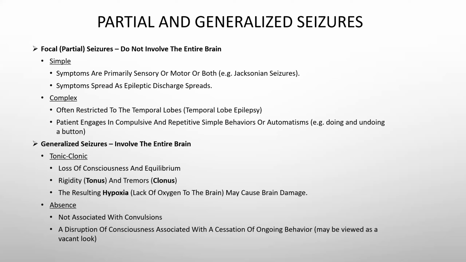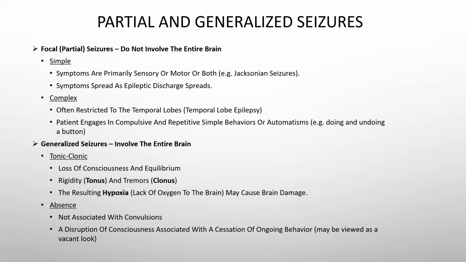For simple, we're looking at symptoms that are primarily sensory or motor or both, and symptoms spread as epileptic discharge spreads. But again, does not involve the entire brain. Complex partial seizures are often restricted to the temporal lobes, and the patient engages in compulsive and repetitive simple behaviors or automatisms, right? The doing and undoing of a button, for example.